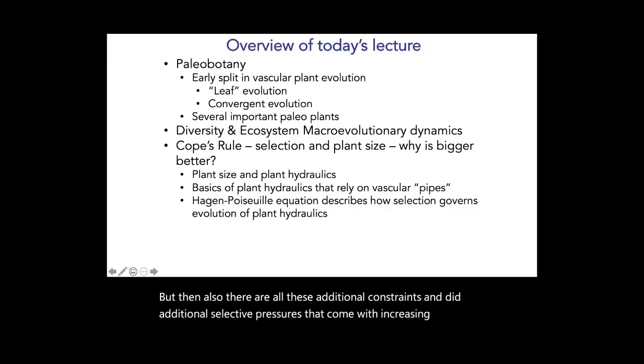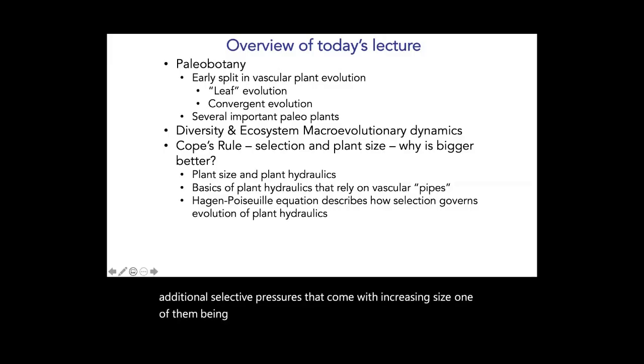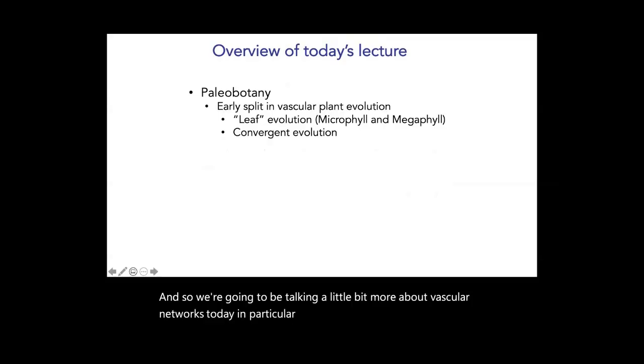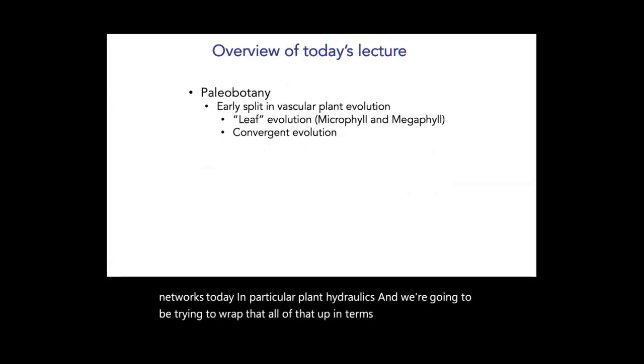One of them being hydraulics, plant hydraulics, and the importance of being able to have a directed vascular network, okay? And so we're going to be talking a little more about vascular networks today, in particular plant hydraulics. And we're going to be trying to wrap all of that up in terms of what we know about the initial radiation of land plants, in particular this early split in land plant evolution.